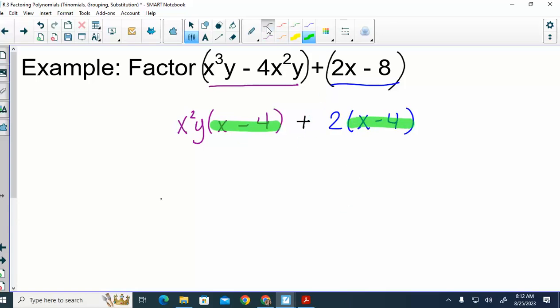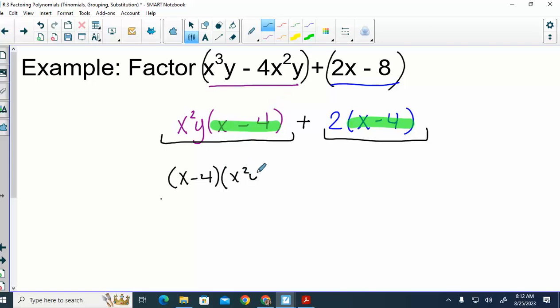So now, we have 2 terms. This is a term, and this is a term. What do both of those terms have? So we're going to take out the x minus 4. Okay, in the first term, if I took out the x minus 4, we have x squared y left.